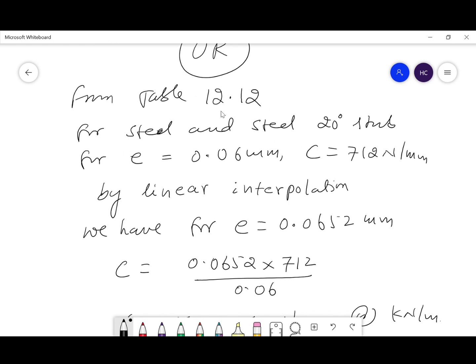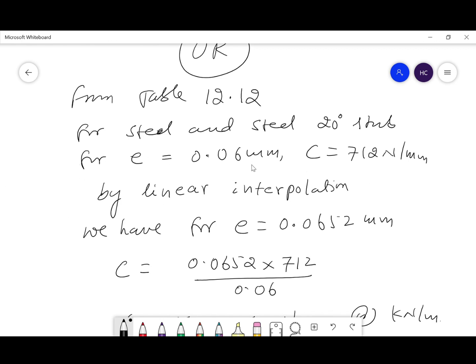So now from the table for steel and for 20-degree stub tooth, we have E is equal to 0.04 and 0.06 mm. For 0.06 mm, we have C is equal to 712 Newton per mm.